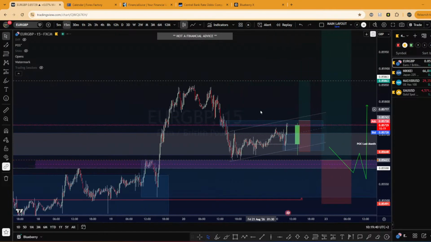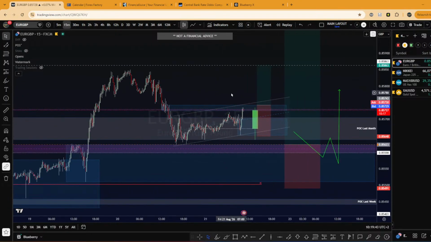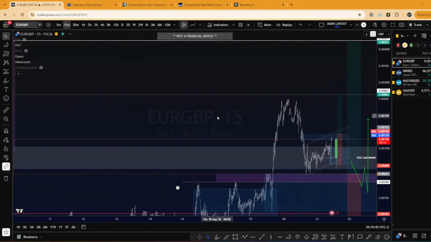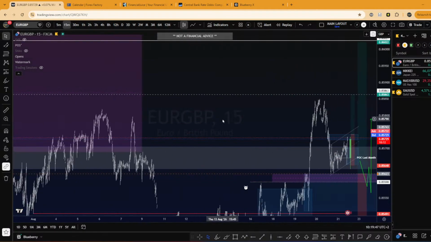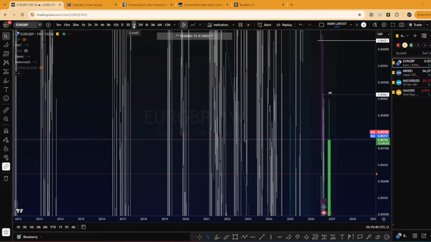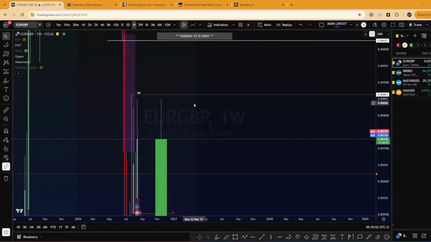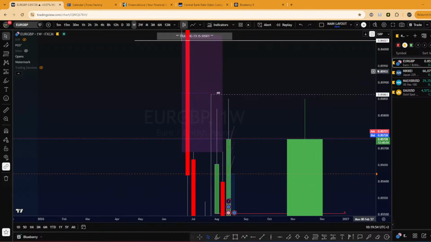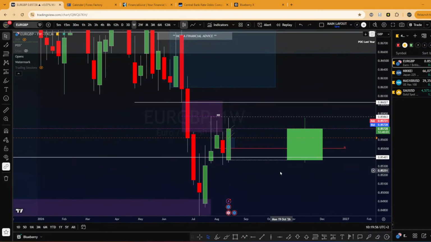Okay, so yeah, this is the target I want to see. Let's go up a little bit on weekly time frame to see if we could potentially have a bigger target.